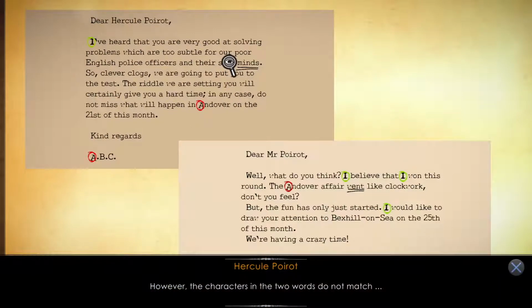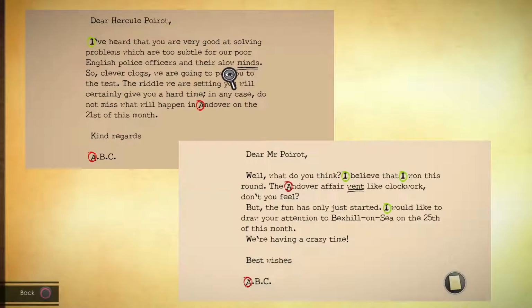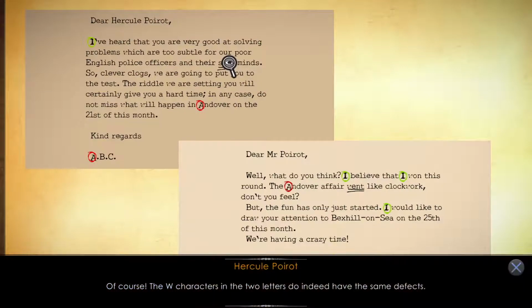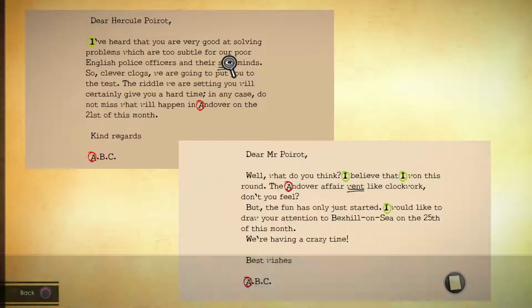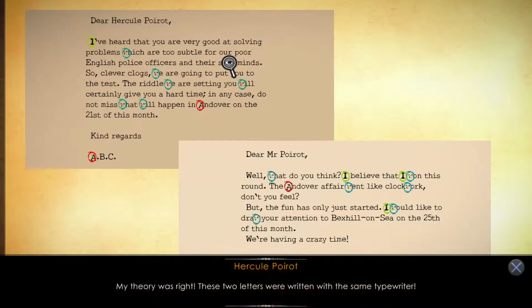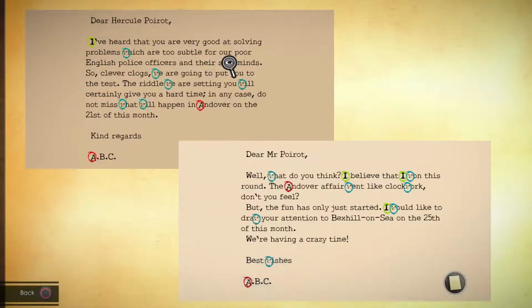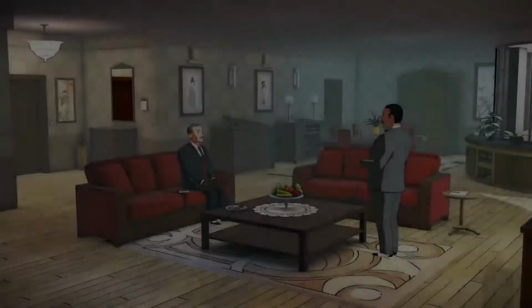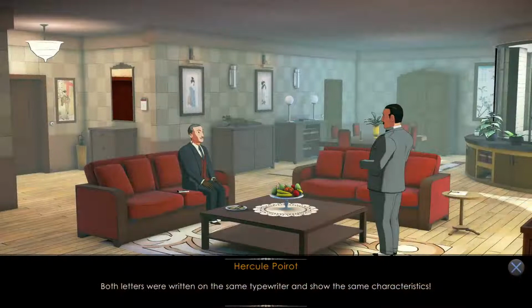However, the characters in the two words do not match. Of course, the W characters in the two letters do indeed have the same defects. My theory was right. These two letters were written with the same typewriter. Both letters were written on the same typewriter and show the same characteristics.